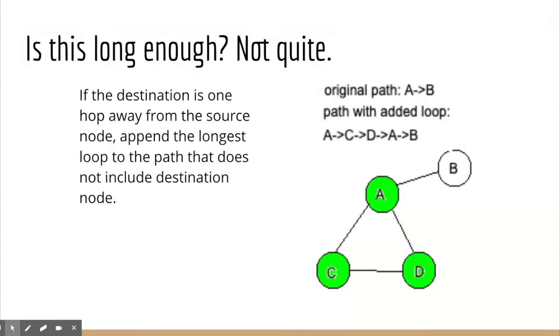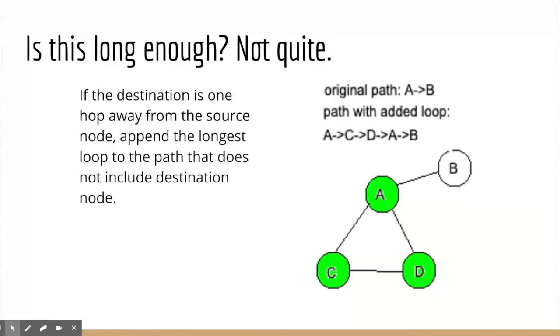The algorithm I mentioned previously is certainly longer than the shortest path, but not quite long enough. So I've added another piece to the algorithm. If the destination node is only one hop away from the source node, append the longest loop to the path that does not include the destination node.